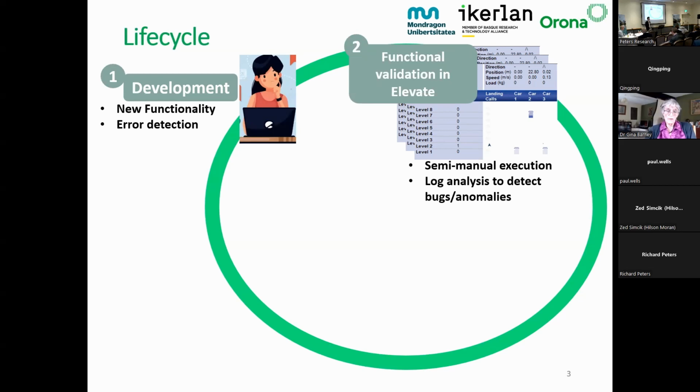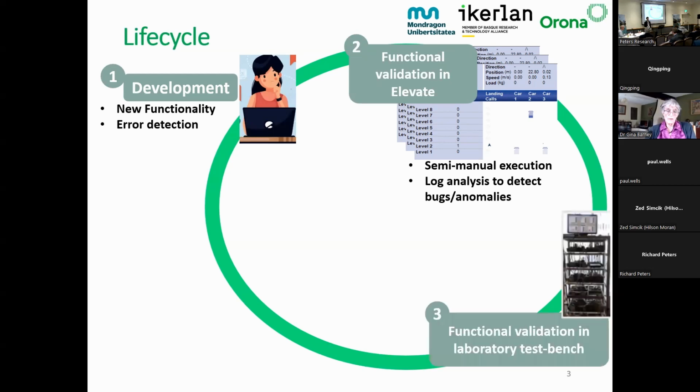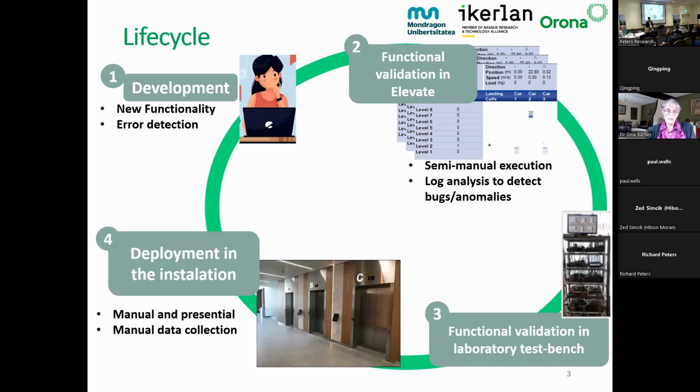Once we have a first version validated in Elevate, we incorporate these changes to the real hardware, where we have the dispatcher, whereas all the mechanical and electrical parts of the elevator are emulated in a hardware in the loop test bench, performing a real-time simulation.